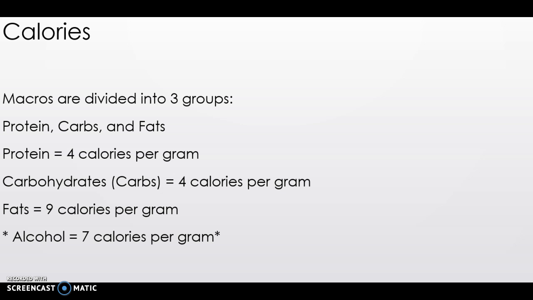Not in terms of what it does to the body, but in terms of how many calories you are ingesting at a time. Because as you can see, the 7 calories per gram is closer to the 9 calories of fat versus the 4 calories of carbs or protein. So anytime that you go out to drink, you need to know that you are drinking something that has a lot of calories in there.